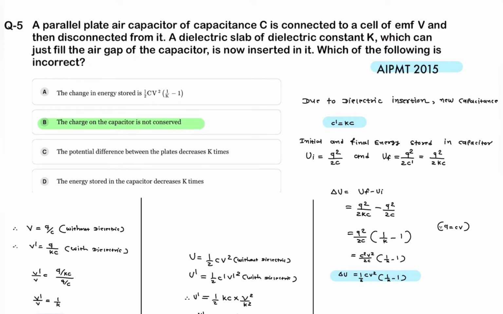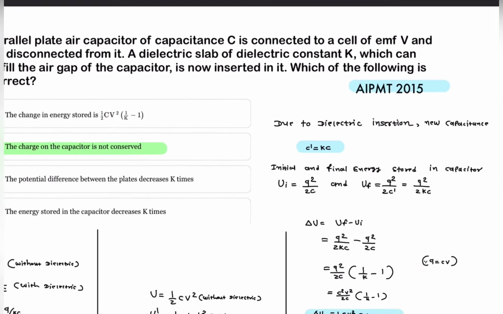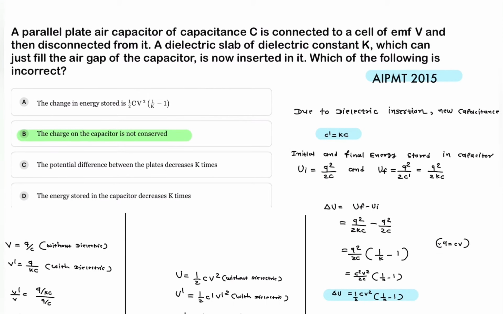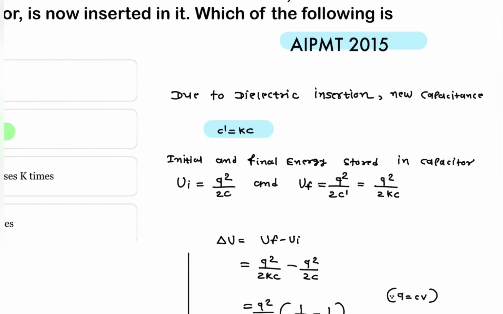First of all, in the first case, there is a capacitor without dielectric. Now, in case 2, the dielectric slab of constant K is inserted between the two plates of the capacitor.